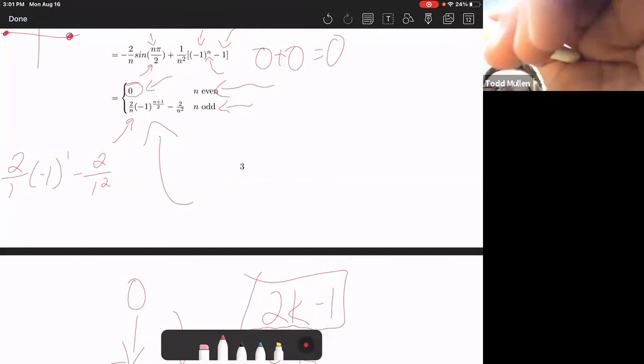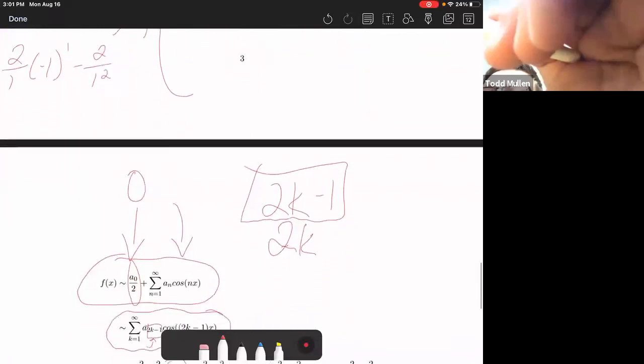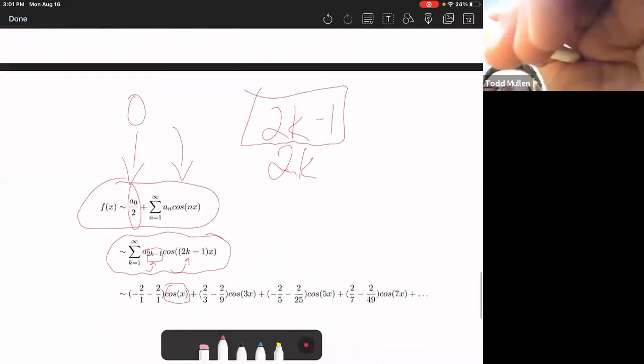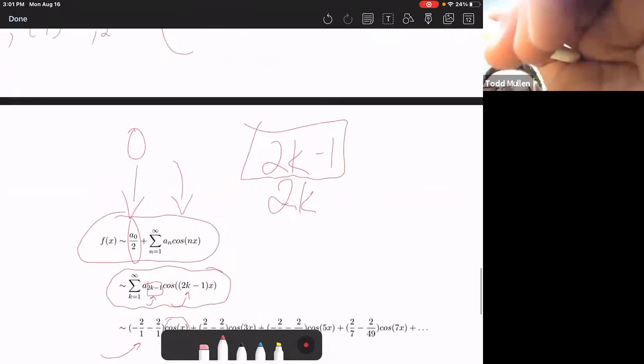Note also, this power arises because we want to find some way to express the fact that if I plug in an odd number, I want to know when this is going to be odd and when it is going to be even. So I get my negative 2 minus 2. So that's just going to be negative 4 for the first one.